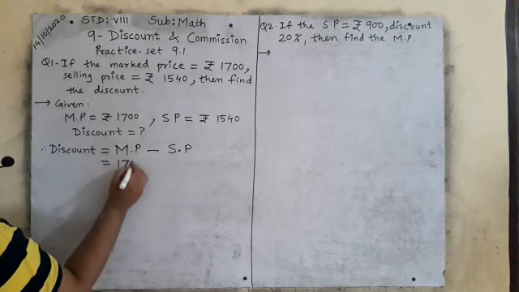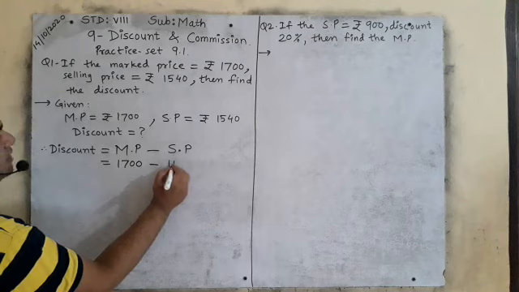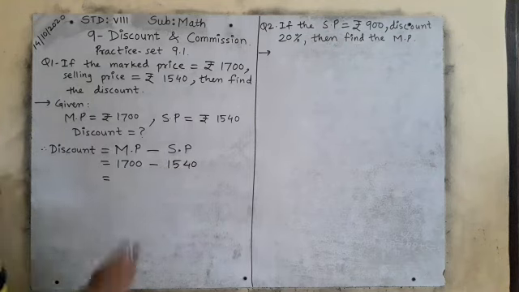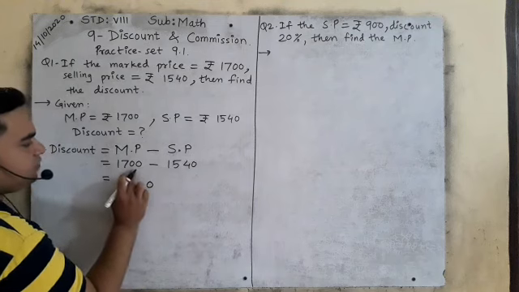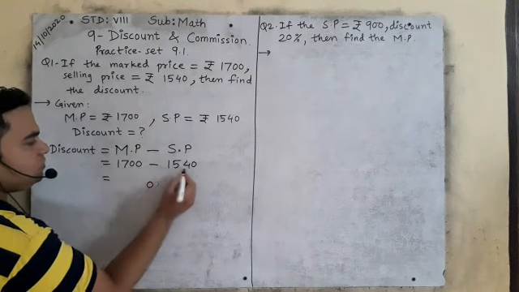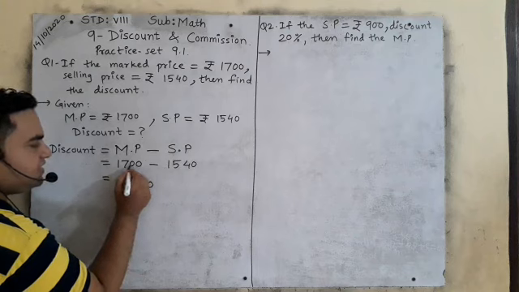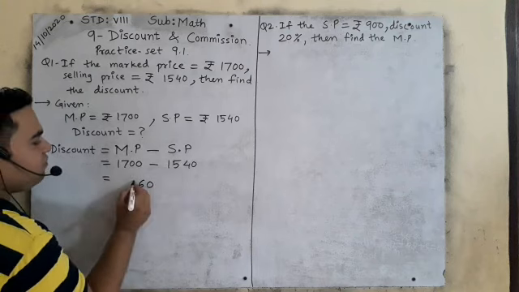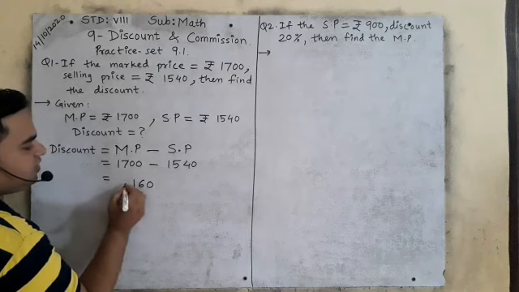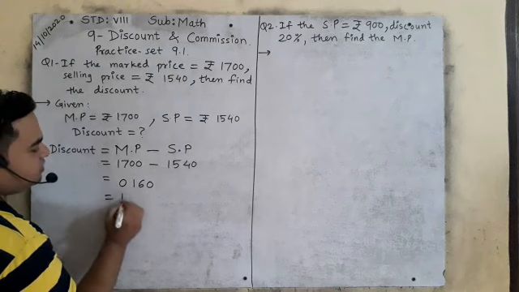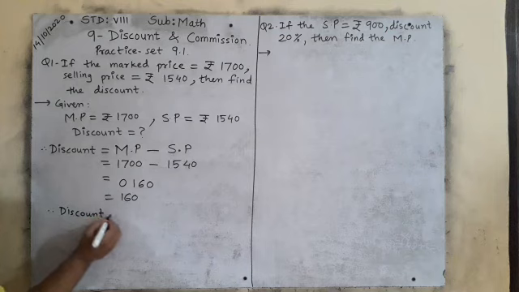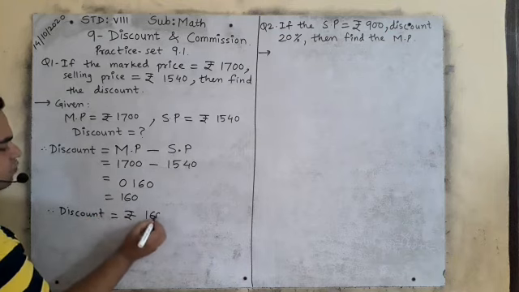Mark price was 1700 and selling price was 1540. 0 minus 0, 0. 10 minus 4, this is 0 minus 4, so 0 is not possible, so it is 10. 10 minus 4, 6. Now 6 minus 5, 1. 1 minus 1 is 0. Is it clear? So this is how much? 160. Therefore discount is equal to rupees 160.